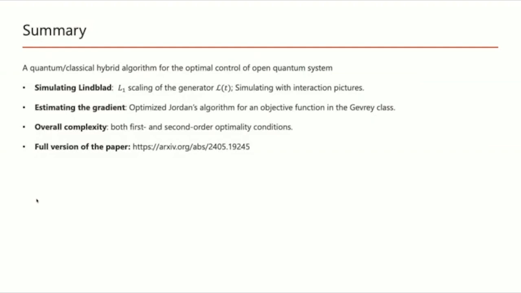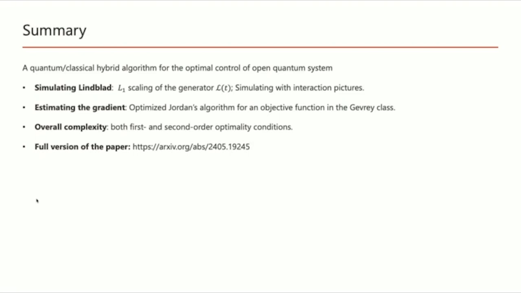Okay. Now, let me do a summary. I think I can finish on time. My talk discussed several aspects in the optimal control of open quantum systems. I talked about how to simulate the Lindblad dynamics. This part does not contribute a lot to the overall complexity in terms of epsilon, so you can definitely make other choices.